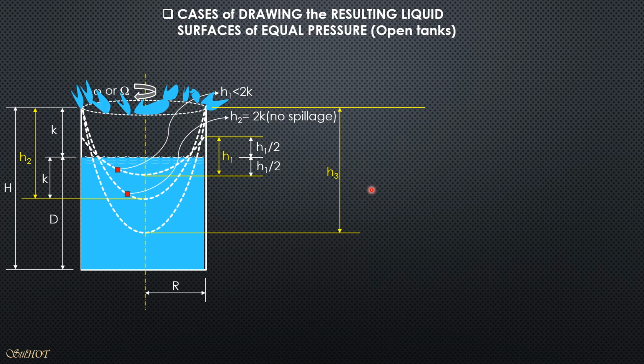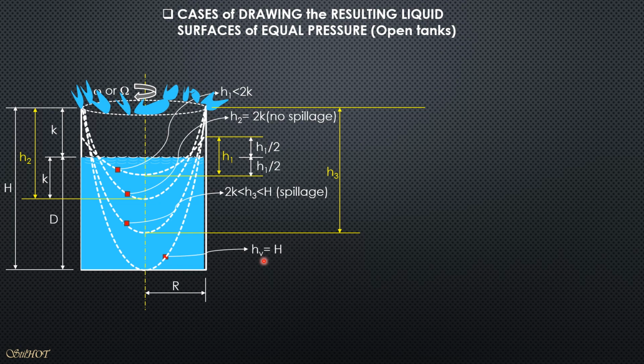For this situation, 2k is less than h sub 3 but h sub 3 is less than big H. So a certain amount is spilled for that case. Another case is when the tank is rotated such that the vortex exactly forms on the bottom center, or the bottom center is barely exposed, or zero pressure if it is open. Then the height is denoted by h sub v for that case.